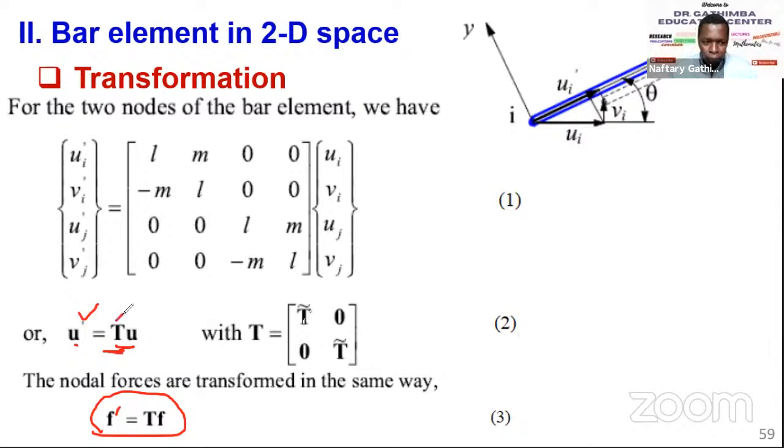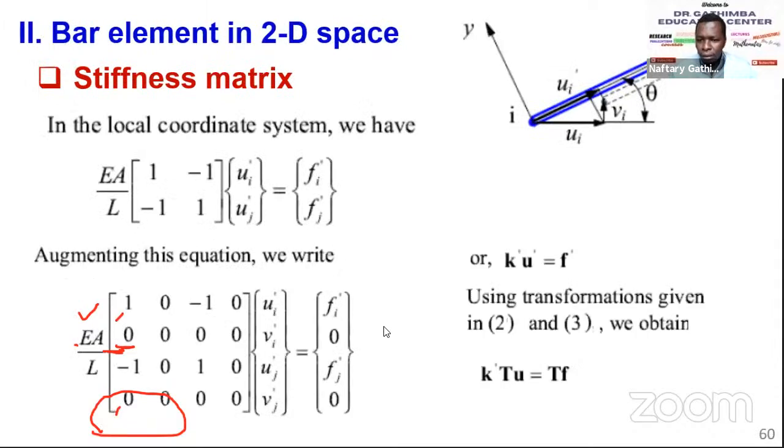So you see, we are multiplying by T. Same case with F. And that's why here, the F, you are using equations 2 and 3 in the previous slide, so that our F now is not prime. F prime is equal to TF, and this U is equal to this value. Okay? I hope you understand that.